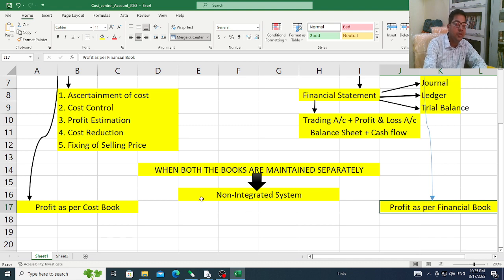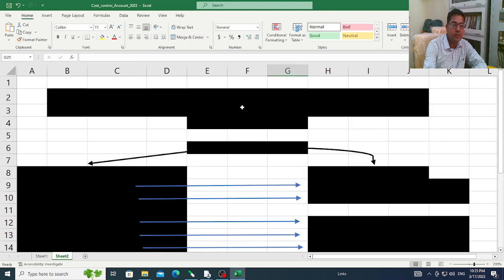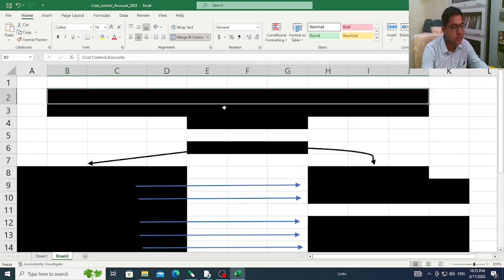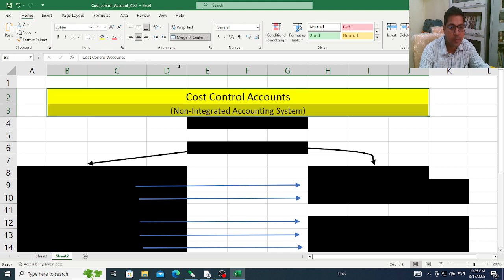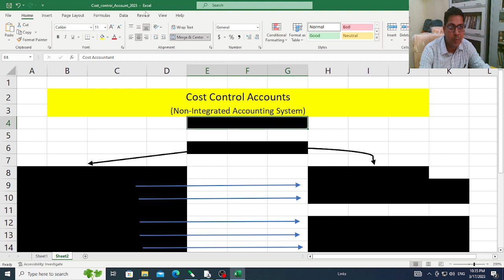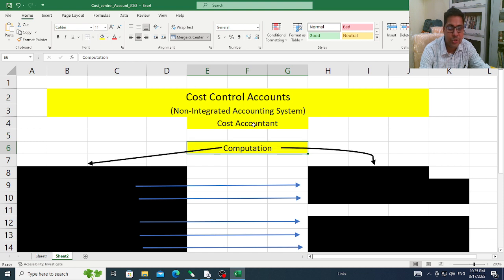Now here, whenever we talk about the non-integrated system, our cost accountant will do the computation.